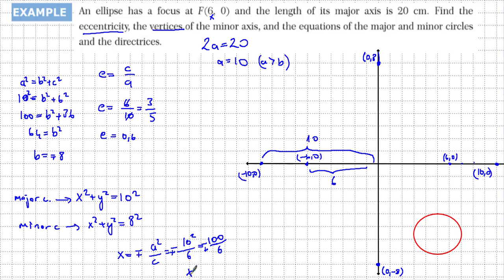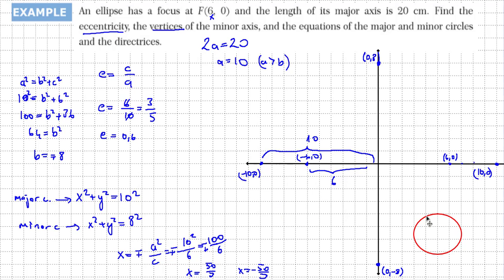So x is equal to 100 over 6, or 50 over 3, and x is equal to minus 50 over 3. These are the directrices of the ellipse.